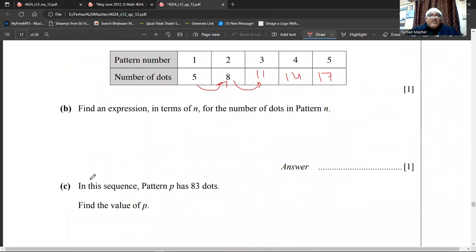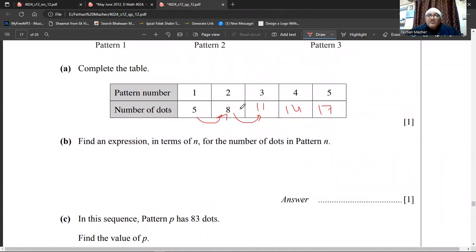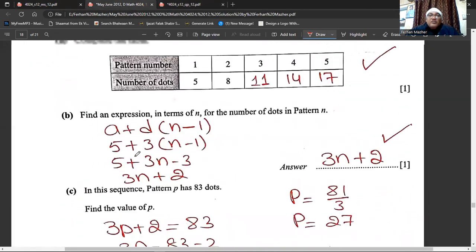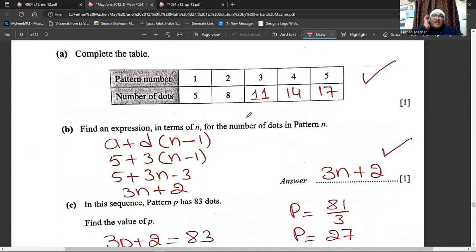The next question is, find an expression in terms of n for the number of the dots in the pattern. If you look at this pattern, this is the number of the dots. It's an arithmetic sequence, and in the arithmetic sequence, a certain number is added, which is 3 here. So the formula for the nth term will be a plus d bracket n minus 1. A means the first term, which is 5 here.